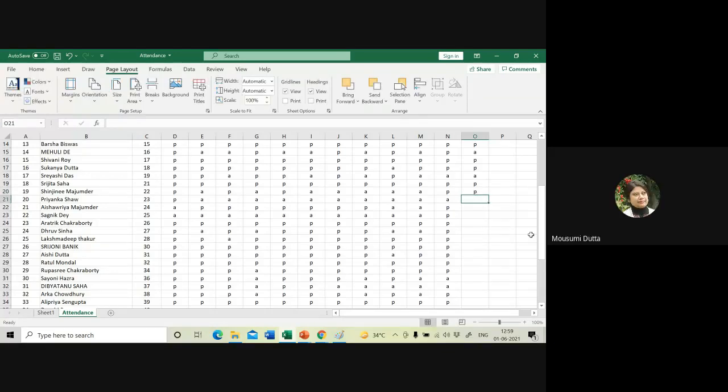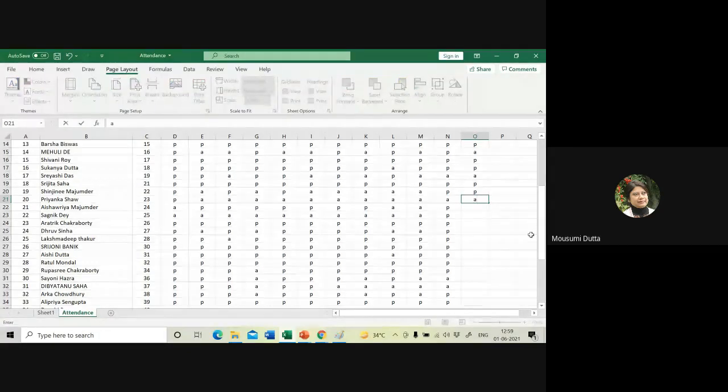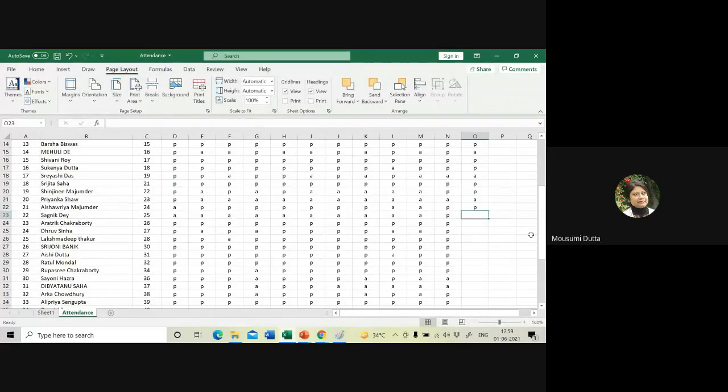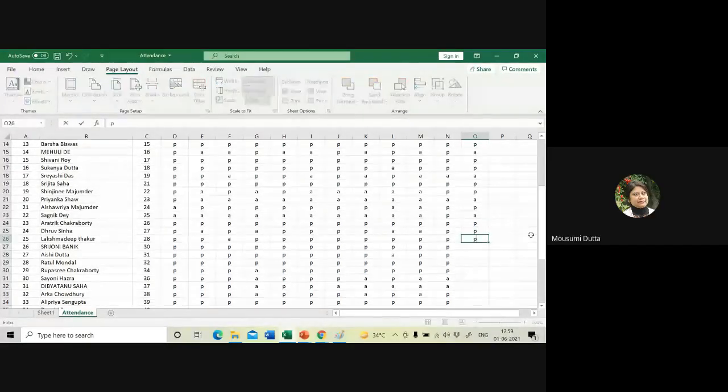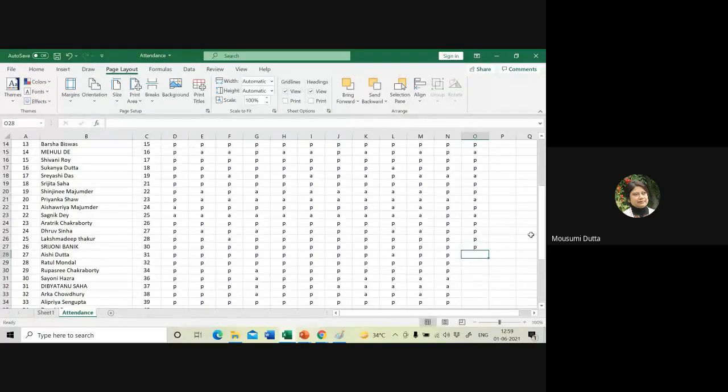Priyanka, Aishwarya, Yes, ma'am. Shagnik, Aratrik, Yes, ma'am. Dhruv, Yes, ma'am. Lakshadweep, Present, ma'am. Srijani, Present, ma'am. Oishi, Present, ma'am. Ratul, Present, ma'am.